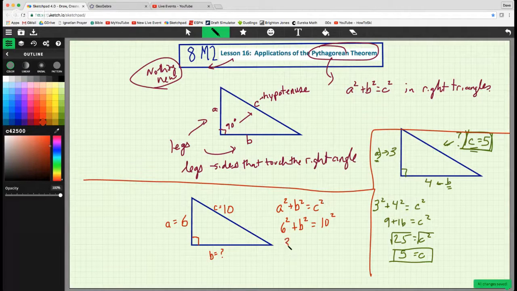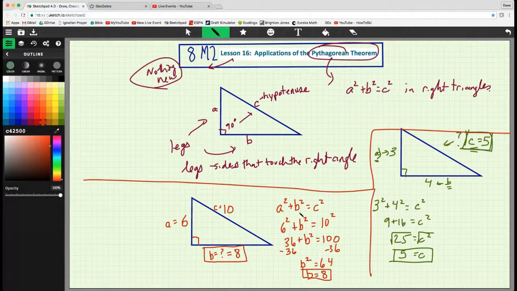So here we go, 36 plus B squared equals 100. Now we subtract 36 from both sides, and we get B squared equals 64. What number squared is 64? That's 8. So we know that B equals 8, and we've utilized the Pythagorean theorem.